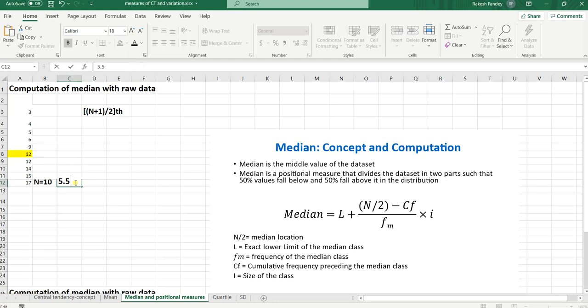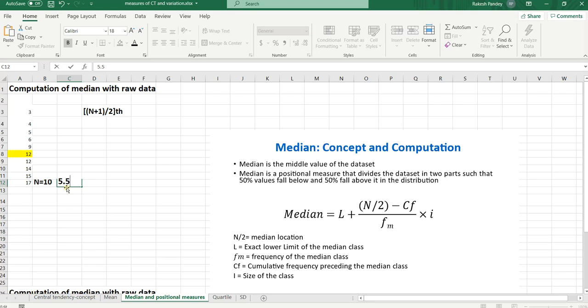The position will always be a whole number, like fifth position, sixth position, seventh position. So when the number of observations is even, then if we use this formula, we will come to a position which will be in fraction.